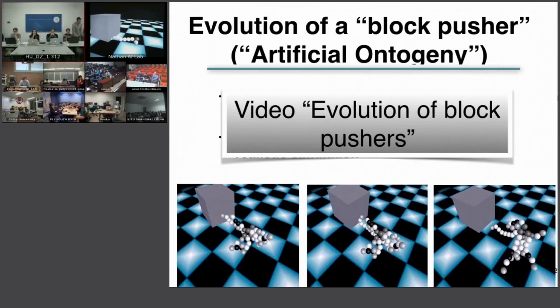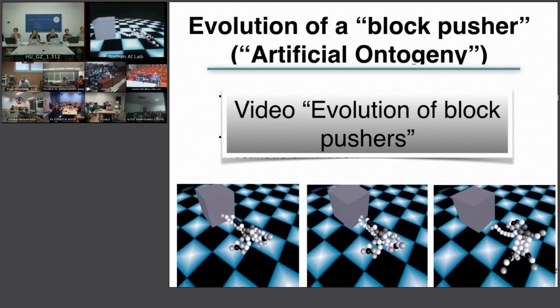Maybe we can still show the second video. That's in a further stage of the evolutionary process. So now the agent has been evolved to grow some more mass, and now can more easily push this block away.